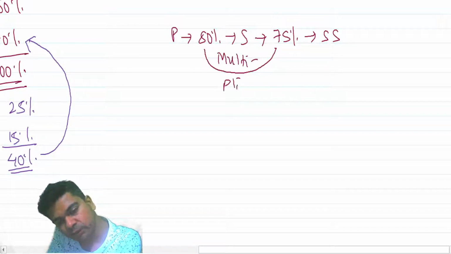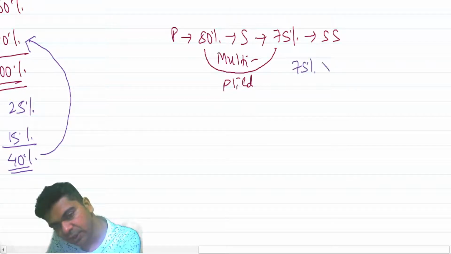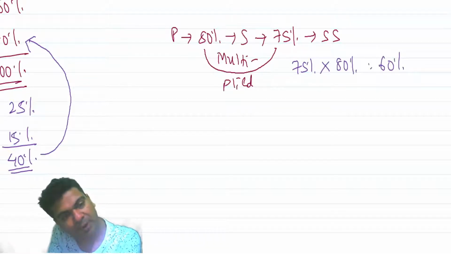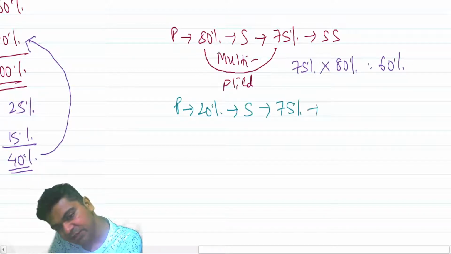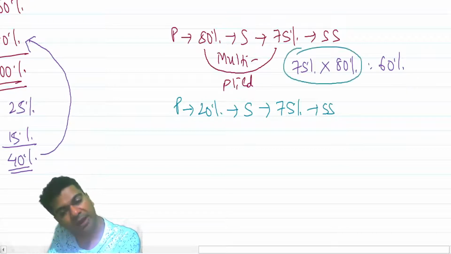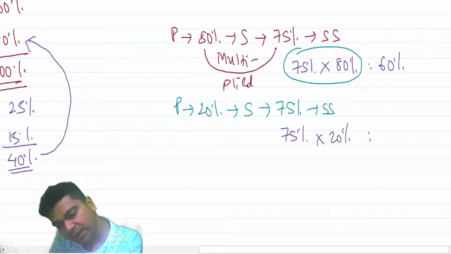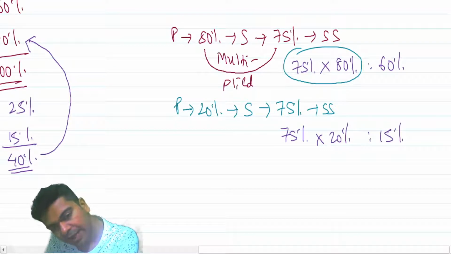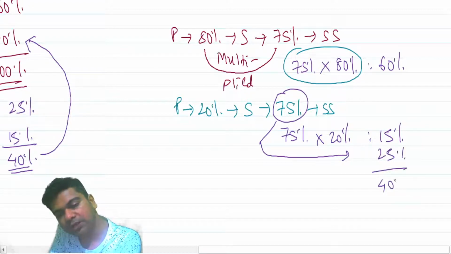I did 75% into 80%, and that's how I got 60%. That same rationale can now also be applied over here. If P has 80%, then there are non-controlling shareholders here also. They have 20% in S, and then S has 75% in SS. So just as I did it over here, it is 75% into 20%, and that is how we get the 15%. S is already having 75%, so here the non-controlling interest is 25%, and the total is turning out to be 40%.